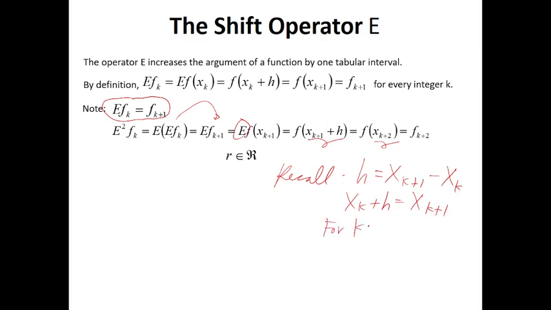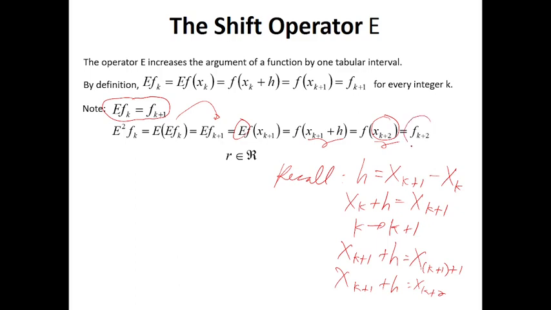Pag yung k naging k plus 1, anong mangyayari? So, x sub k plus 1, so itong k na to, k plus 1 na yun, plus h. Tapos, another plus 1. So, we have x sub k plus 1 plus h, x sub k plus 2. Ayan. Kaya na-derive na ganun. So, x sub k plus 1 plus h is simply x sub k plus 2.